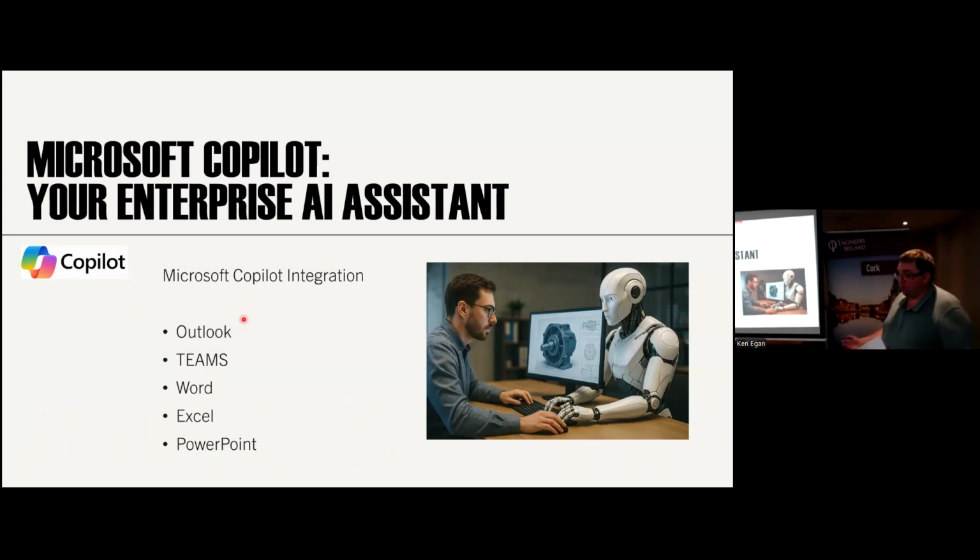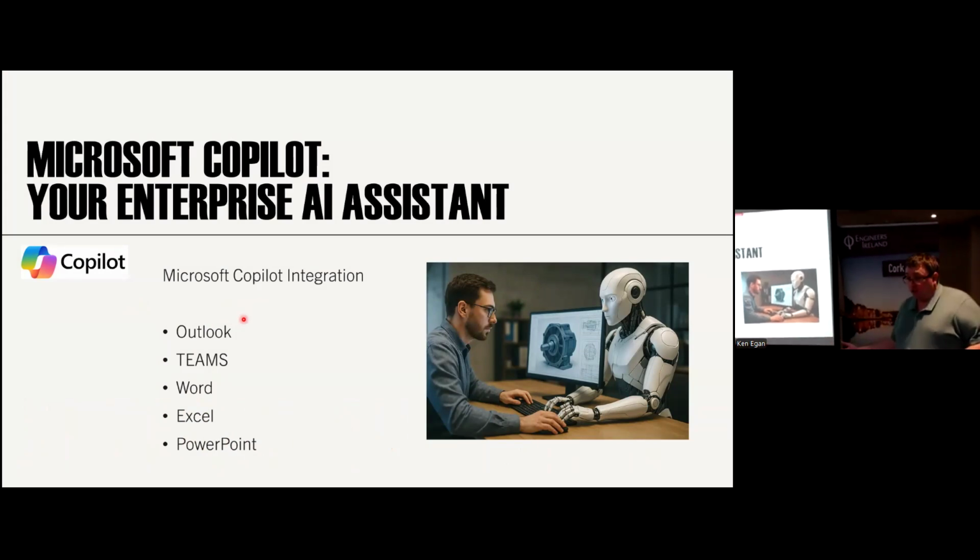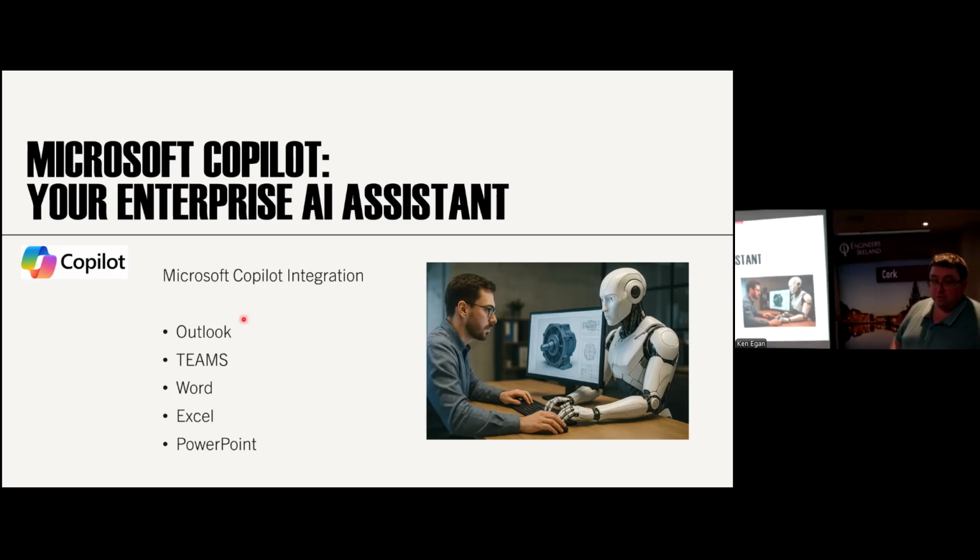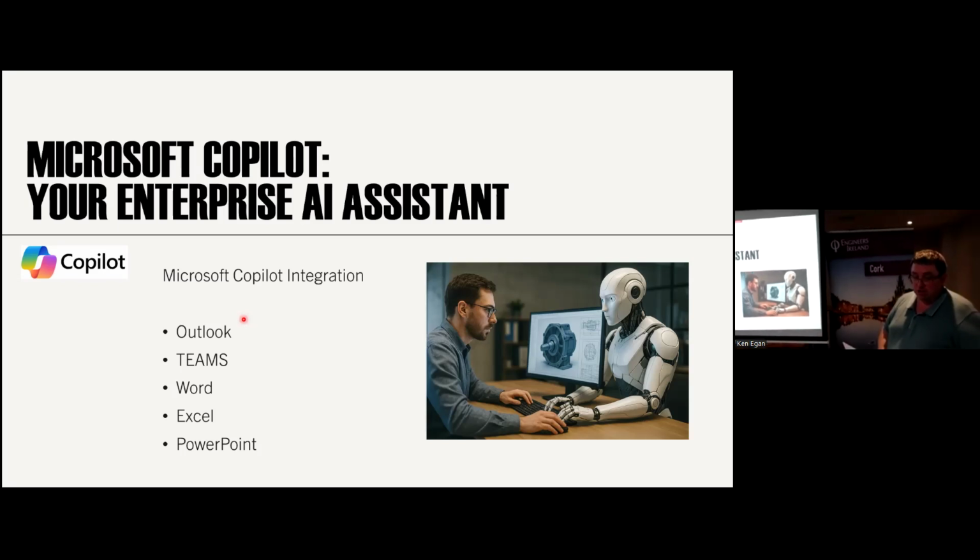It's an enterprise option, and there's a free version of it as well. And it can tie into your Outlook and Teams, so you can get it to summarize action items from your emails, and summarize action items from your Teams meetings. You can record them. You can generate notes. And I have some examples of that later on.